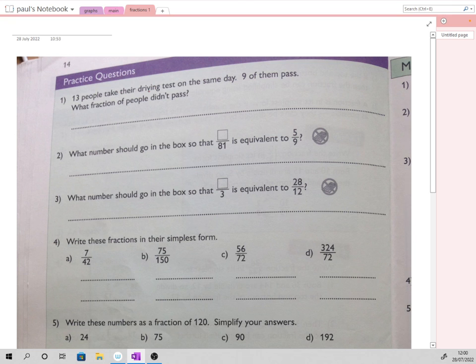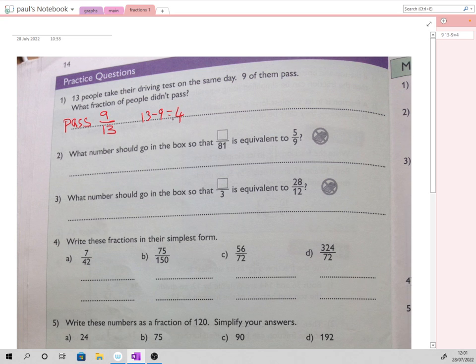So 13 people take their driving test on the same day. 9 of them pass. What fraction of the people didn't pass? Right, so I know that if I wrote pass, it would be 9 out of 13, yeah? But we need the ones that didn't pass. So if 9 passed, I could do 13 minus 9, which equals 4.